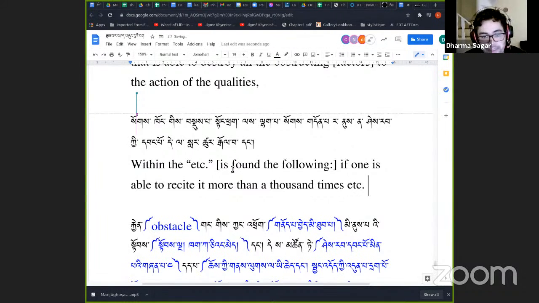So more than 1,000 would be something like 10,000, and the etc. you have 100,000 and 1 million, etc. So I don't know how to put that clearly in the translation.